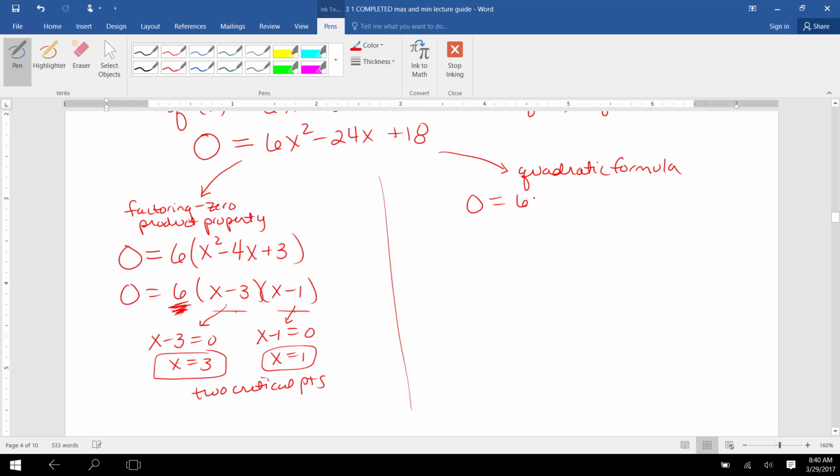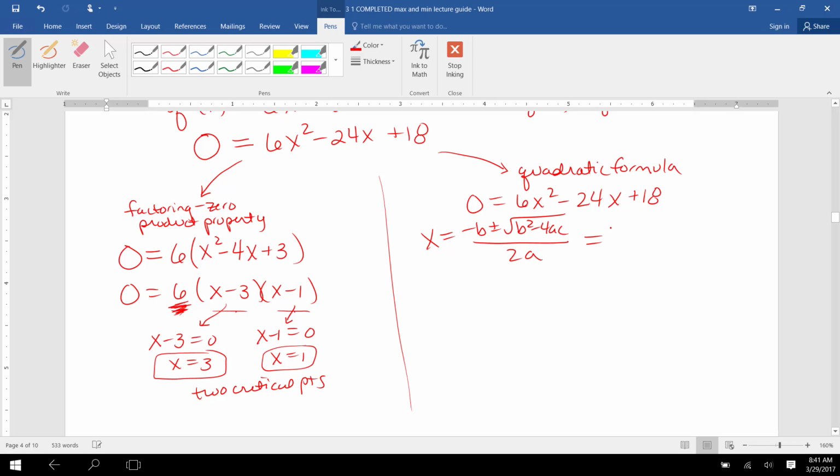Alternatively, remember if you have an equation of the form 0 equals ax squared plus bx plus c, then that is exactly what the quadratic formula is for. The quadratic formula tells us that x equals negative b plus or minus the square root of b squared minus 4ac, all over 2a.